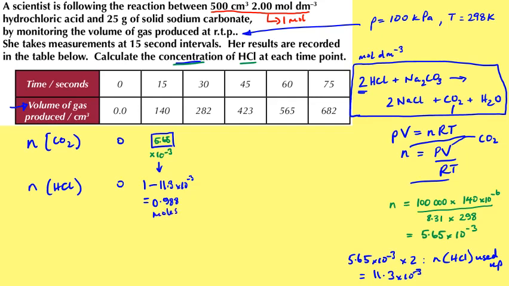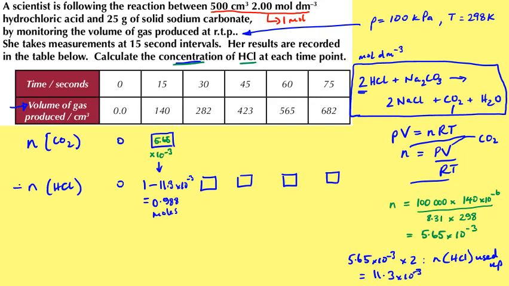And what we would do is we would do that for here and here and here and here. Exactly the same calculation. You might try that on your own if you like. But for the sake of time, we're going to carry on to get the answer, at least for 1 time point.